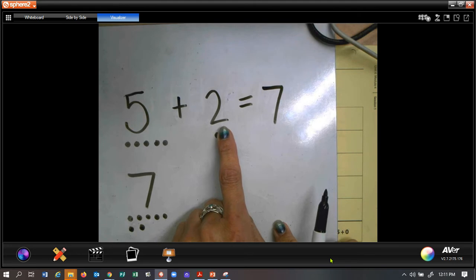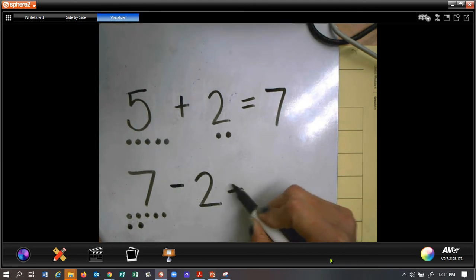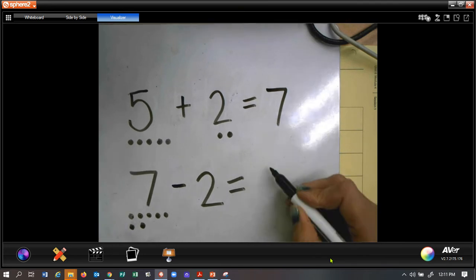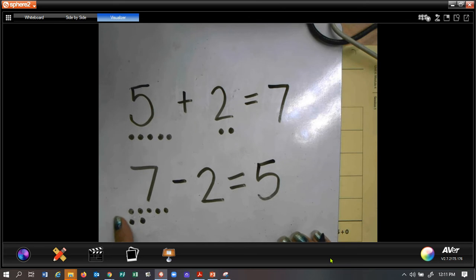Let's say we took away one of the parts. If we took away the 2, we would be left with the other part, the 5. So see, if I have these 7 and I took away 2, I'm left with 1, 2, 3, 4, 5.